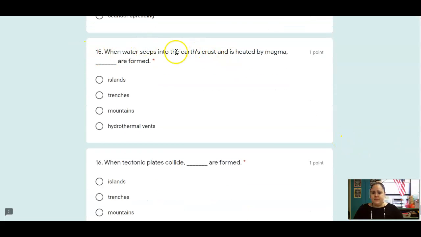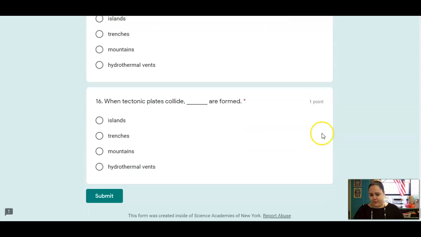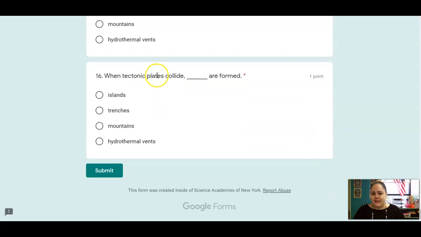When water seeps into the Earth's crust and is heated by magma, which one of these is formed? Look for those definitions. Number 16. When tectonic plates collide means crash into each other. So when those two tectonic plates are crashing into each other, which one of those is formed? All right, let's head over to skills.